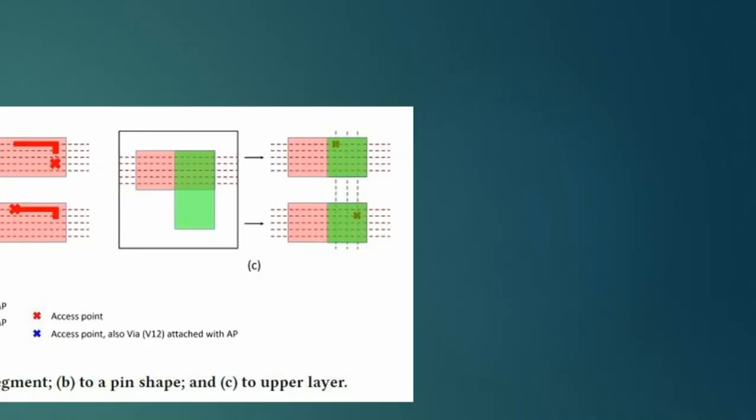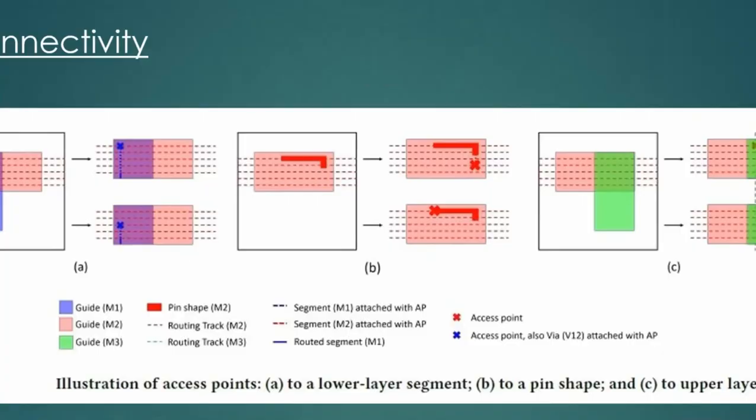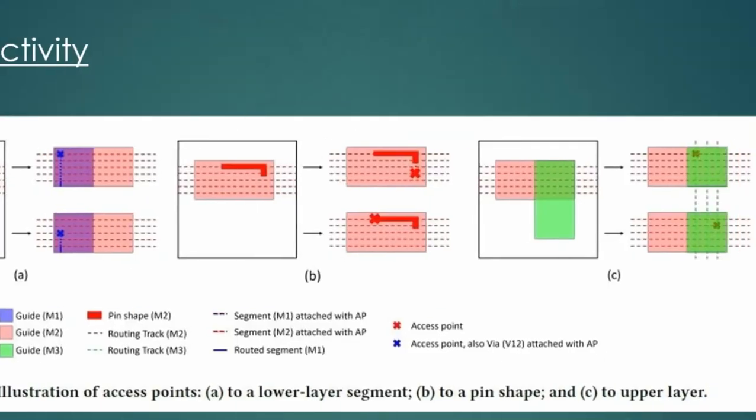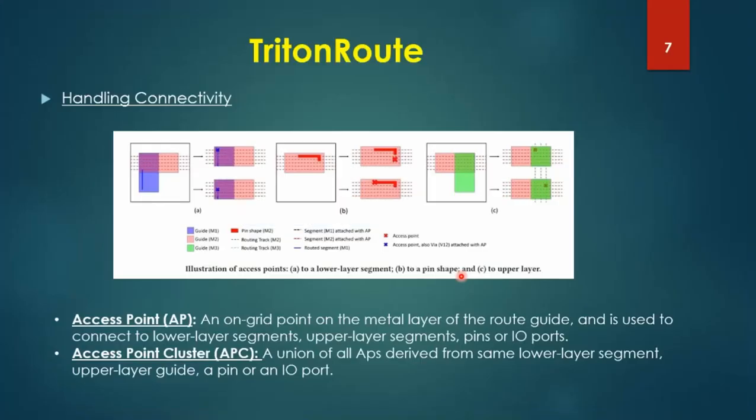So these 15 access points come under one access point cluster. In this case, these 5 points come under one access point cluster, and in this case also 5 points come under one access point cluster. I hope I was able to make you understand what an access point and access point cluster is.